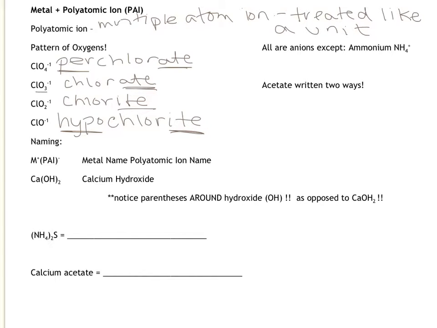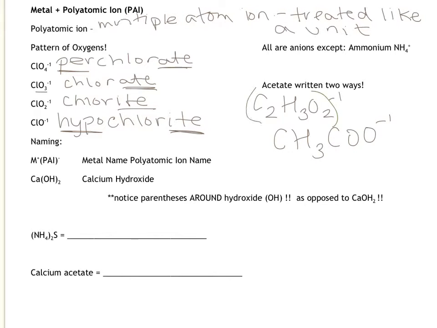We can also note that acetate can be written in two ways. Most of the time, C2H3O2 with a -1, or it could be written CH3COO with a -1. Now I talk about that they're treated like a unit. So when we put them into our chemical equations, there are parentheses around the atoms of it.